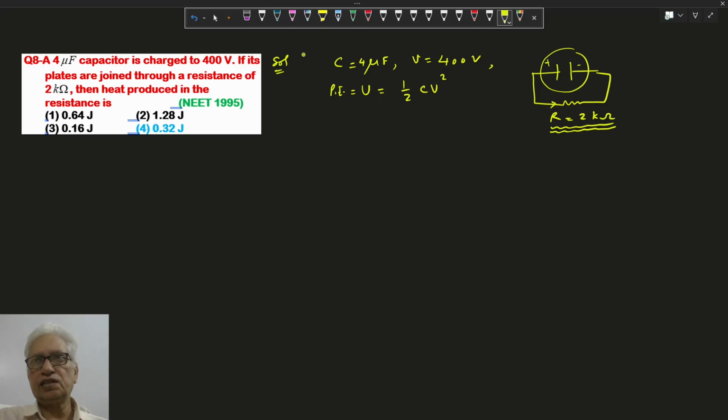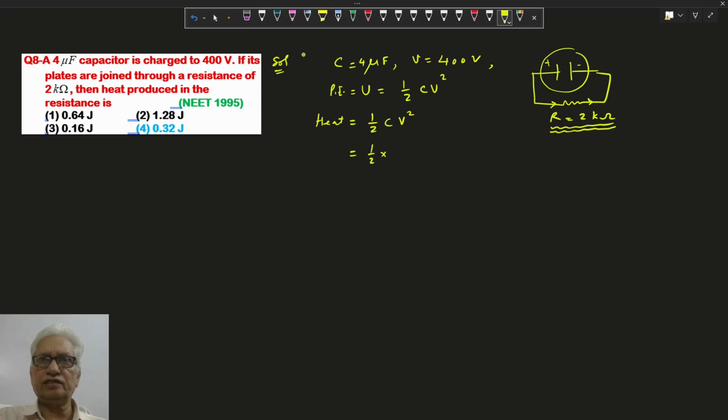So total energy is converted into heat, and the loss of energy in the resistance is the same as the energy stored in the capacitor. It means the heat developed in the resistance is the energy stored in the capacitor.